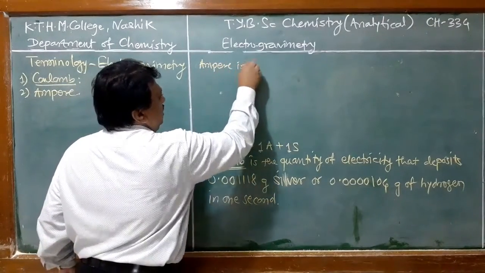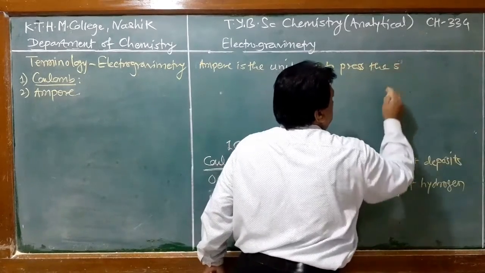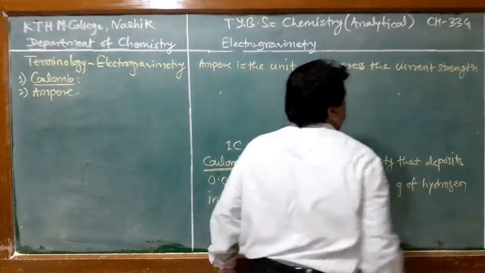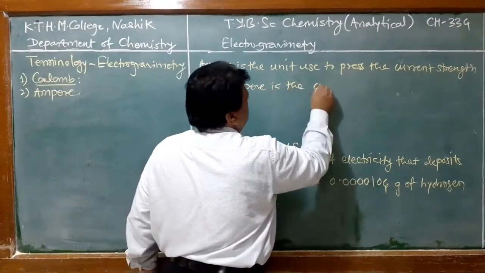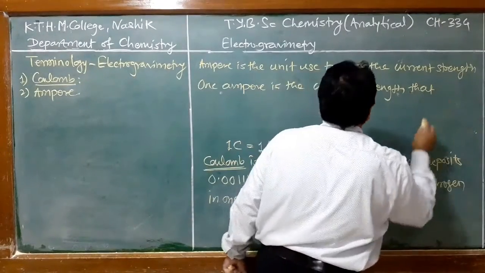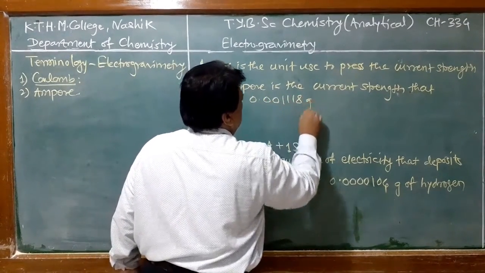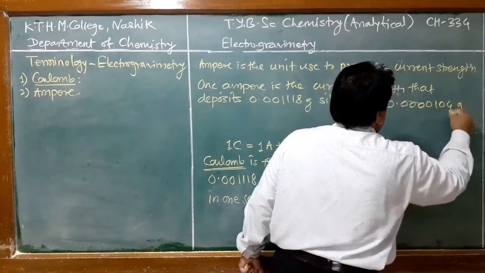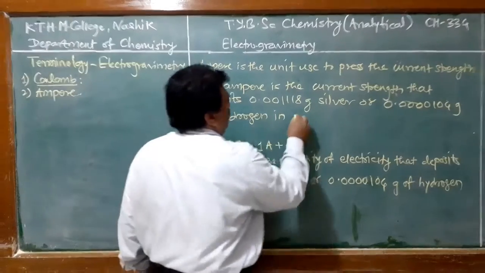Ampere is the unit used to express the current strength. 1 ampere is the current strength that deposits 0.001118 gram of silver or 0.000104 gram of hydrogen in 1 second.